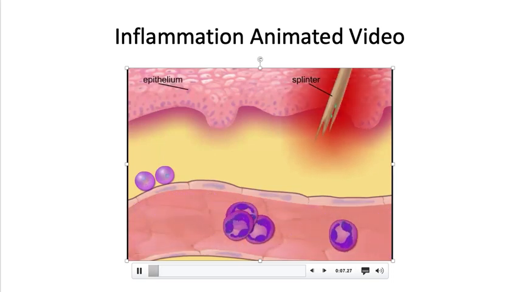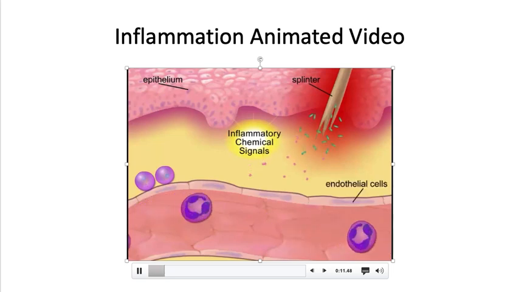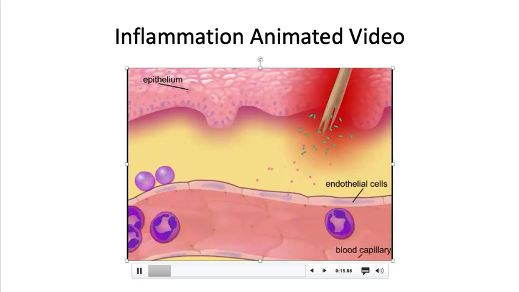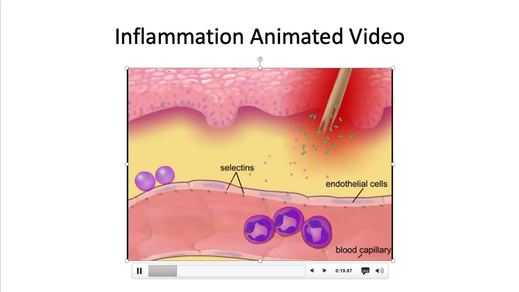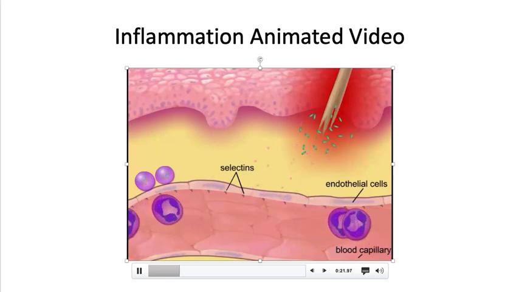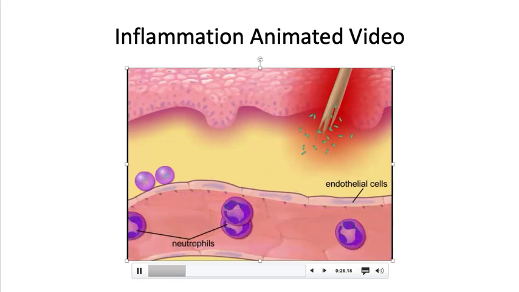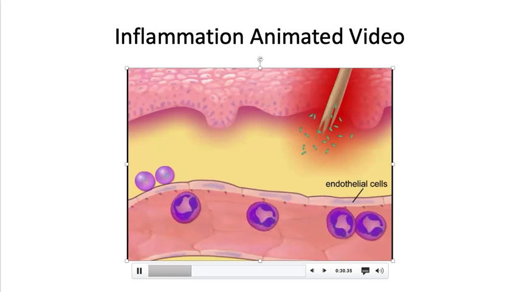It begins when injured tissue cells release chemical signals that activate the endothelial cells of nearby capillaries. Within the capillaries, adhesion molecules called selectins are displayed on the activated endothelial cells. These adhesion molecules attract neutrophils, slow them down, and cause the neutrophils to roll along the endothelium.